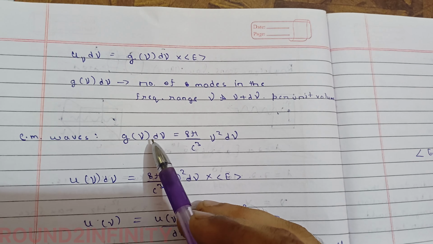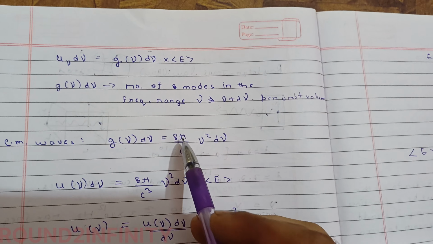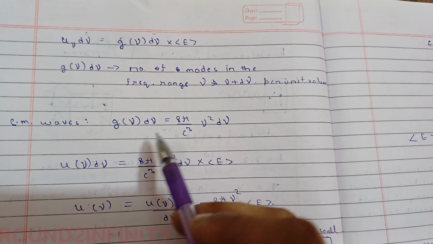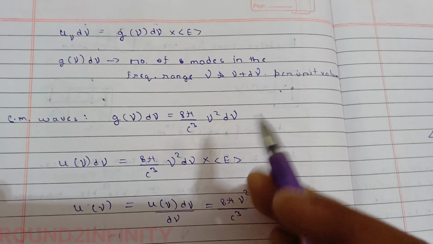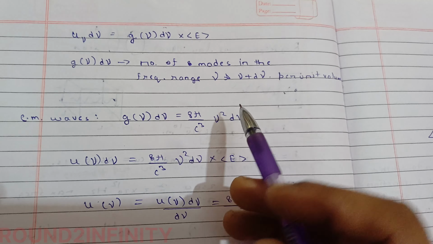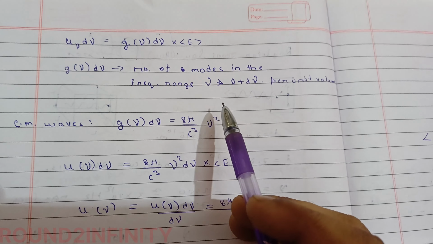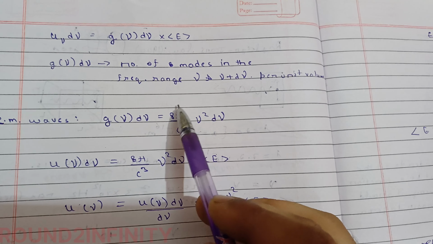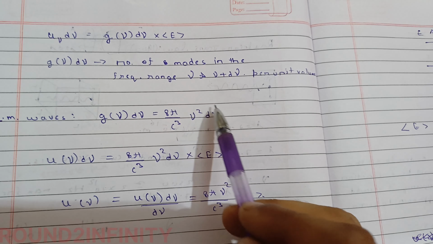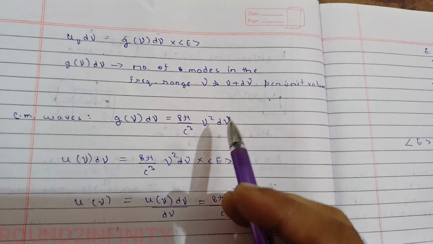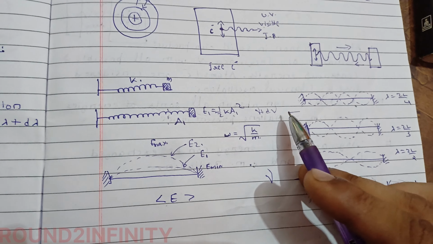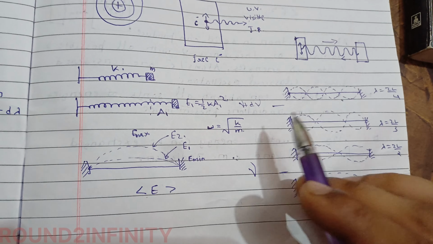So g nu d nu for the EM waves is the number of modes per unit volume. This came from the density of states. You need to see those lectures first, only then will you understand. But here you just need to remember that the number of states per unit volume comes out to be 8 pi nu squared d nu over c cubed. This is the number of states per unit volume between the range nu and nu plus d nu.